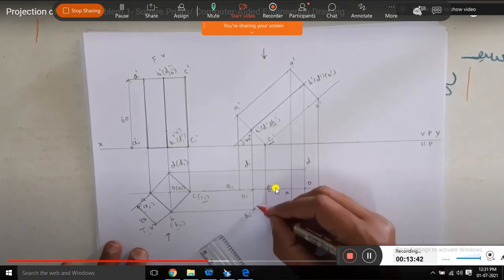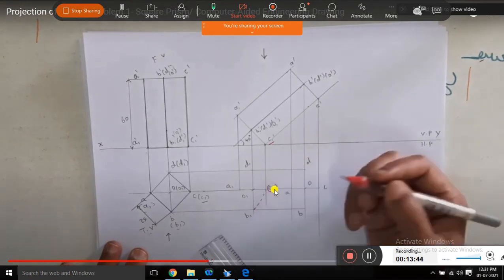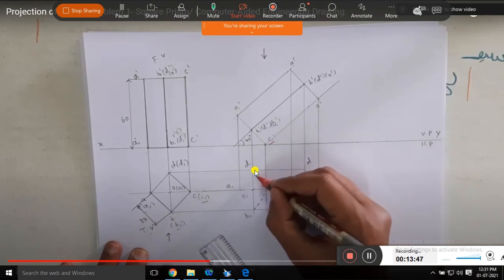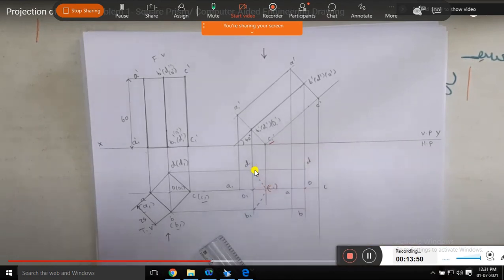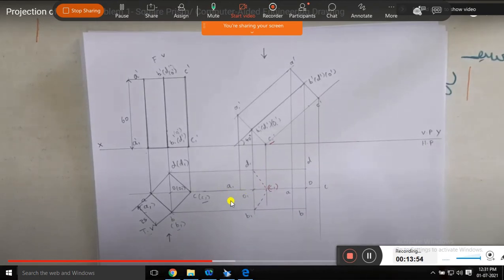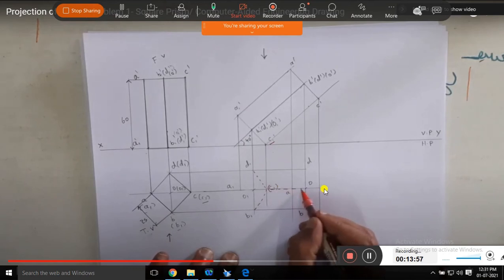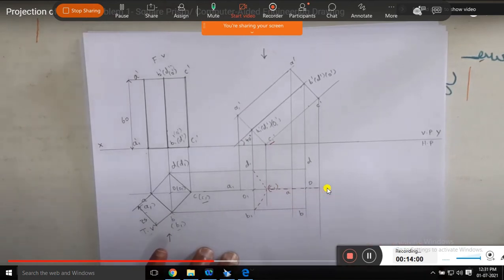So invisible means this C1 is dotted, so join C1 as a dotted, and D1 to C1 is also dotted. It is not visible, dotted. And the rest of the lines are visible. And C1 to C, it is also not visible, so it is a dotted.